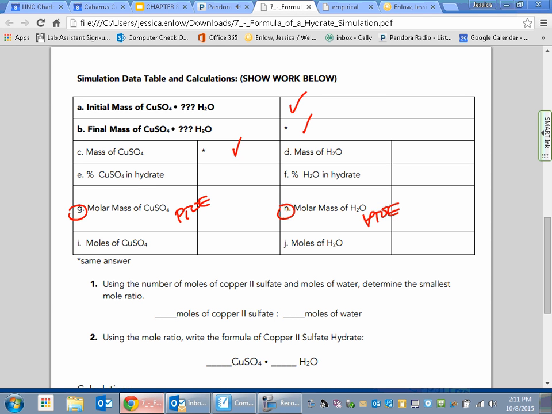So B and C have a little star on it. That's the difference. And then this is just the same. That's the final mass of the heated sample. Yeah, see what's happening.